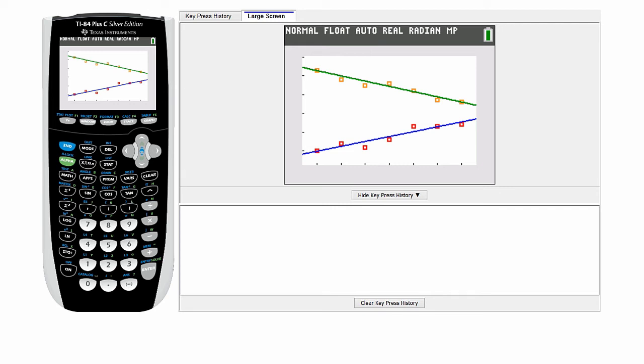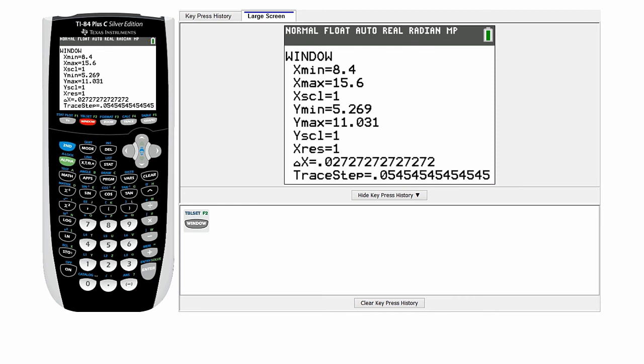Going back to our graphing calculator, we need to be able to see where the lines cross to use the Intersect feature on our calculator. We should have plenty of room on the y-axis, but the x-axis isn't long enough to show us where they cross. Click on Window. The X-min is fine.